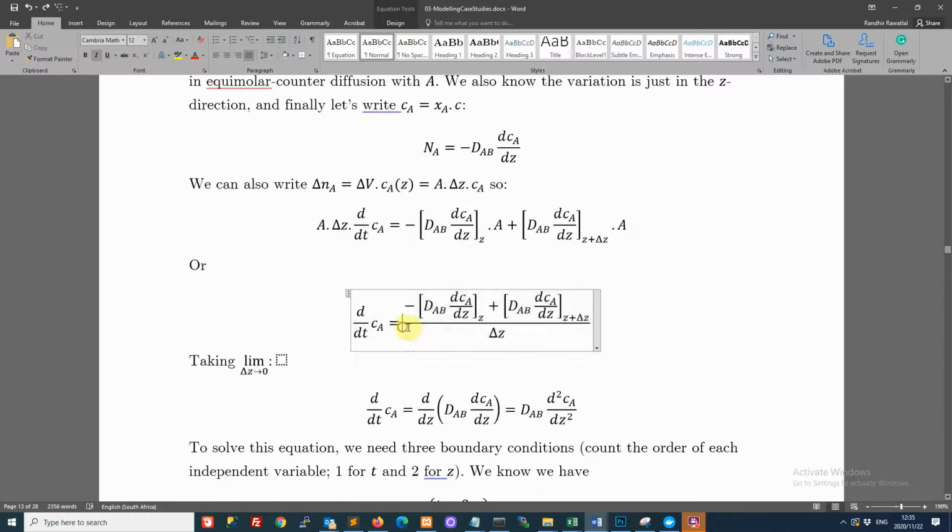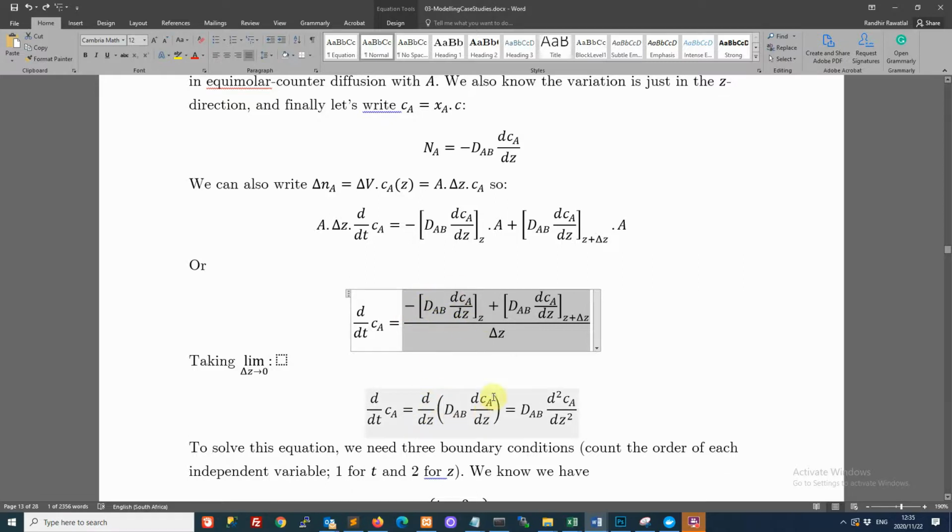So if you recall your derivative, this is in effect the same as the derivative of this function, D_AB dCA/dz. That's of course if you let delta Z go to 0. So if you apply the limit delta Z going to 0, then this is nothing but d/dz of this thing.